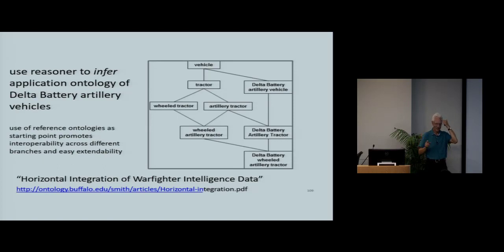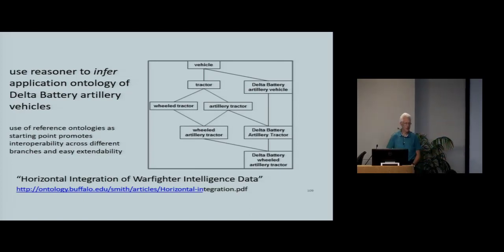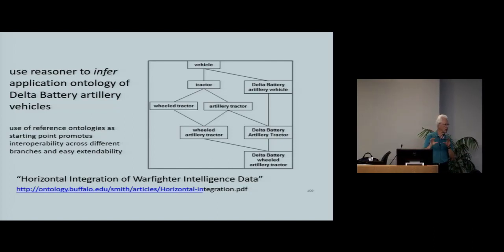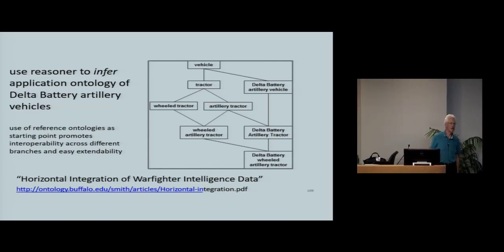Next real week. Yes? So the general version of the relation used by, is that an ontology too? So we have something called the relation ontology, which consists of an ontology of all of these relations. It's a bit different from the other ontologies because the relation ontology links ontologies to each other.